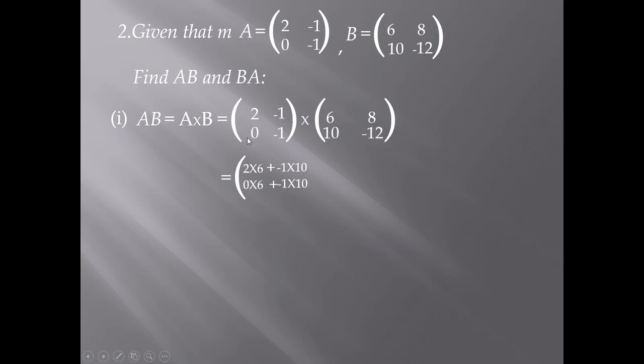Then I proceed to the second row: 0 times 6 plus negative 1 times 10.